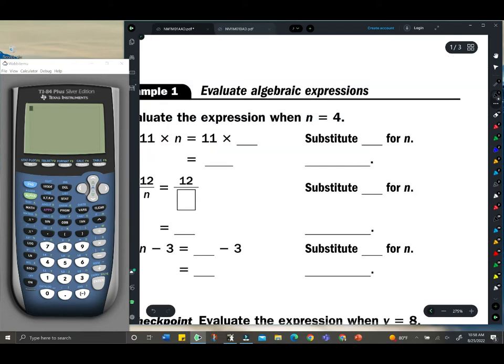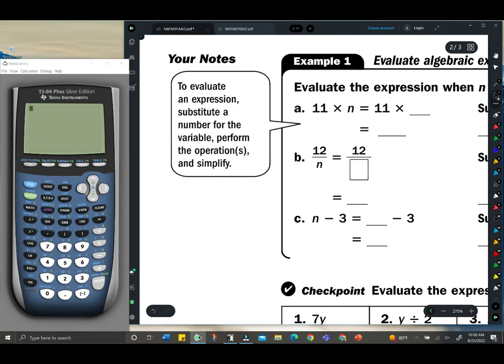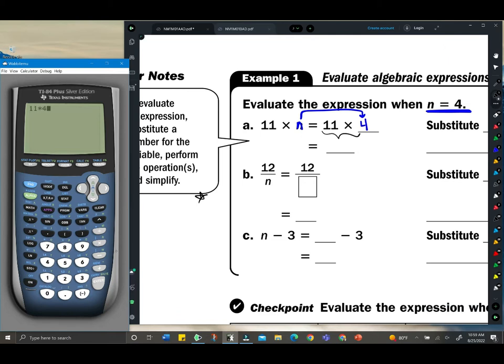Pretty straightforward. Evaluate algebraic expressions. Here's where it gets tricky. To evaluate an expression, substitute a number for the variable, then perform the operations and simplify. That's the key. So when we have 11 times n, we're evaluating for n equal to 4. So n, we are replacing with 4, and we have 11 times 4, which in your calculator, or maybe even in your head, is going to be 44.